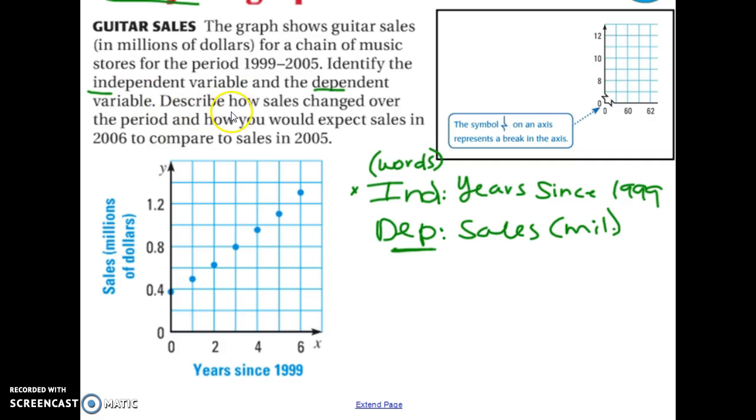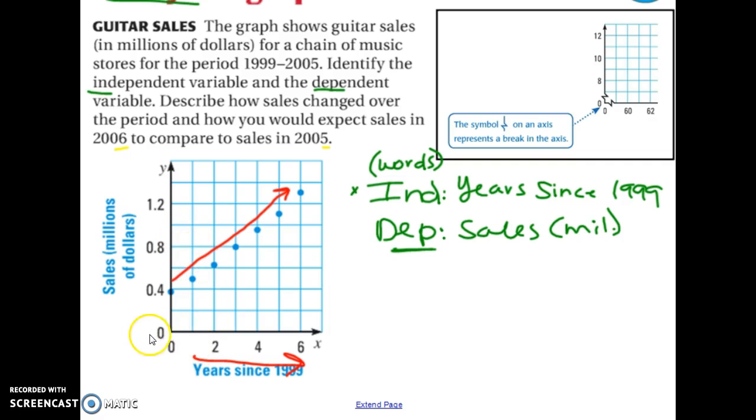So now it says, describe how sales changed over the period and how you would expect sales in 2006 to compare to sales in 2005. Well, over the period of time, as time goes on, what's happening? Our sales are going up. So we just need to say that in words. You can say, as the years go on, the number of dollars we earn is more.